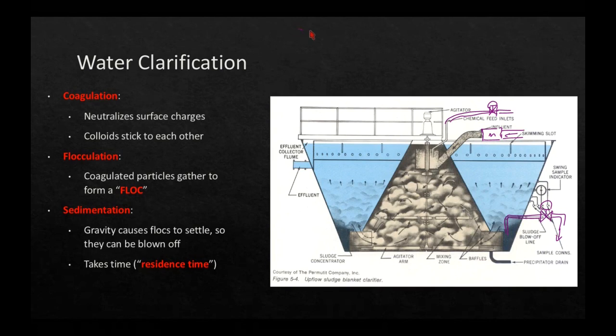So we know the composition of the water coming in. The water coming in has a particular NTU. So knowing what that NTU is and knowing what the rate of flow is, they know that they need to add so much chemical, so much coagulant.